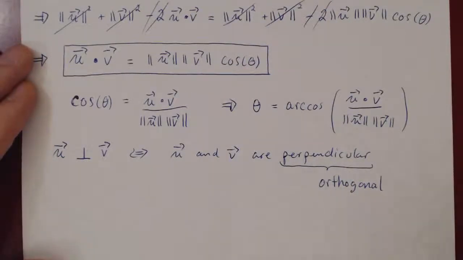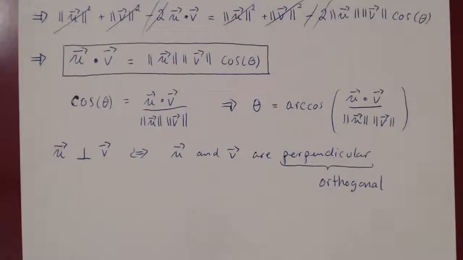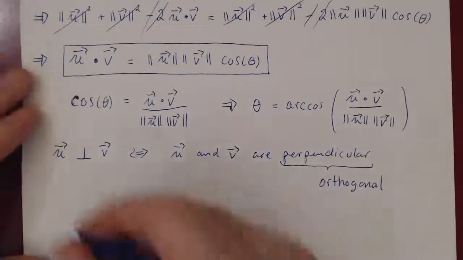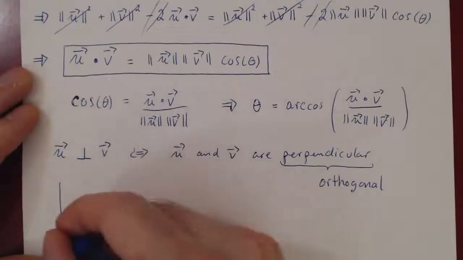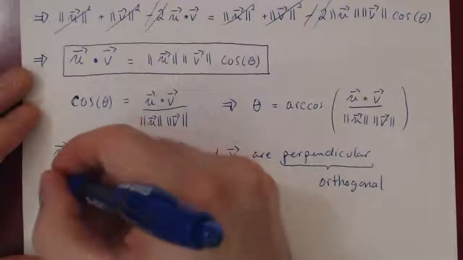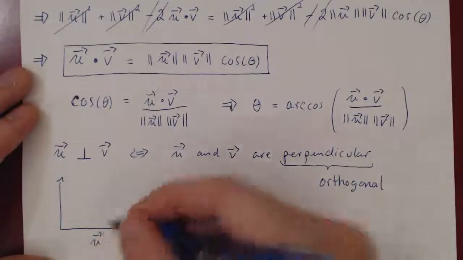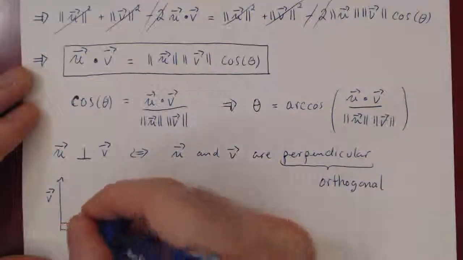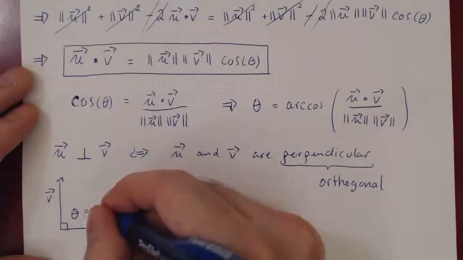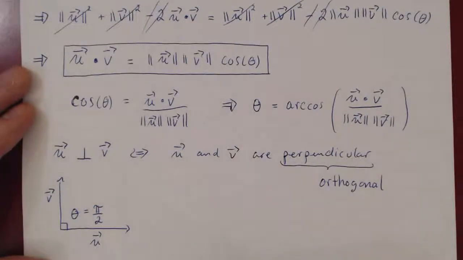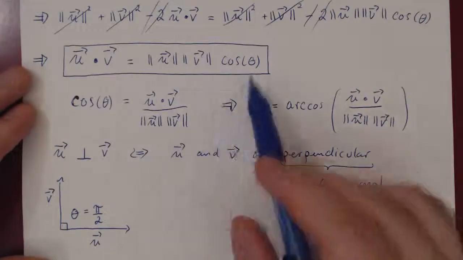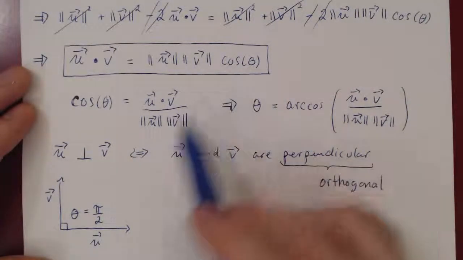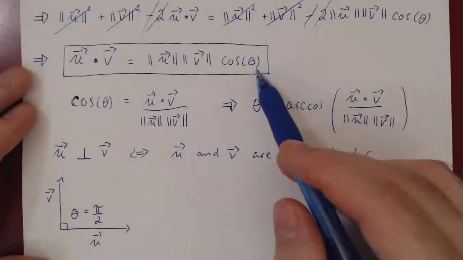And now think of how simple it is with the help of the dot product to check whether or not vectors are perpendicular. Right? If vectors are perpendicular, it means of course that the angle between the two vectors is pi over 2. So this is our theta, which is pi over 2. And look now at your dot product. If theta is pi over 2, cosine of pi over 2 is 0.